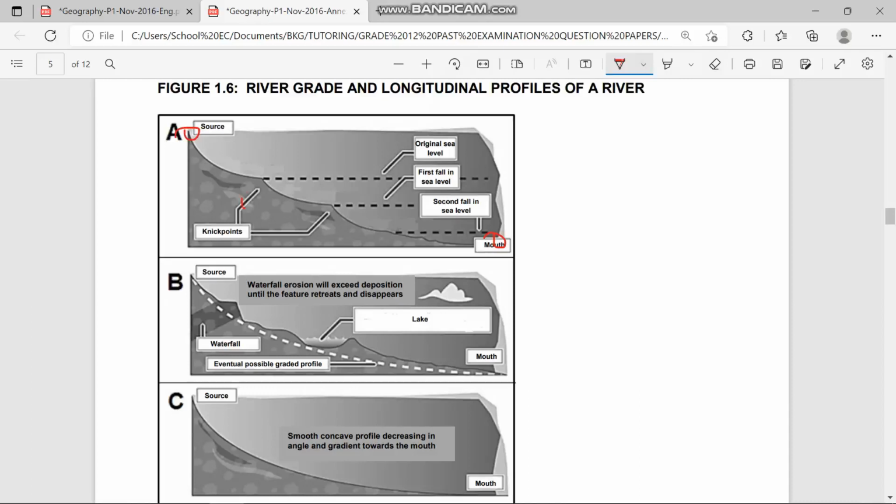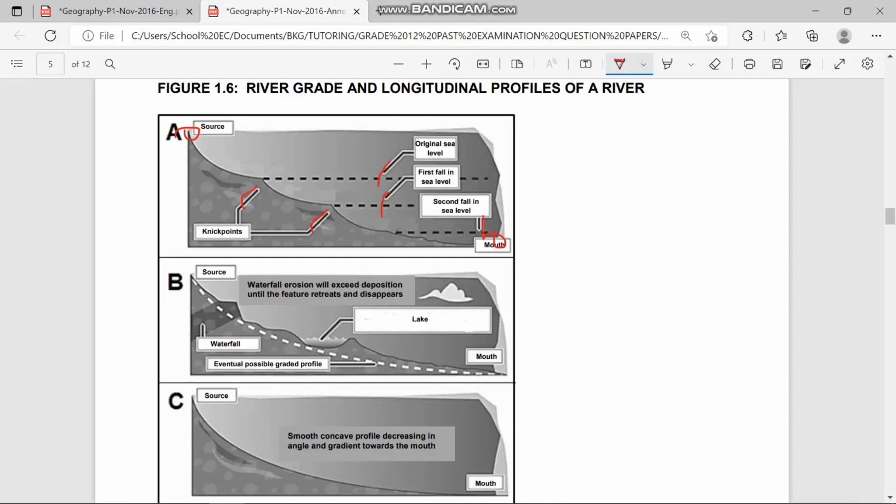We have nick points. Original sea level, the height above sea level, the first fall in sea level, second fall in sea level, and so on.